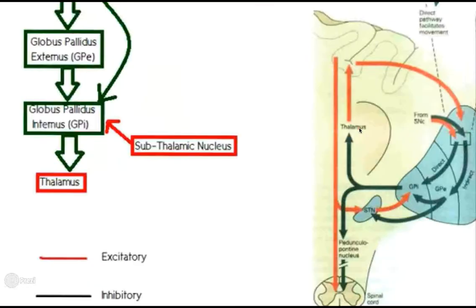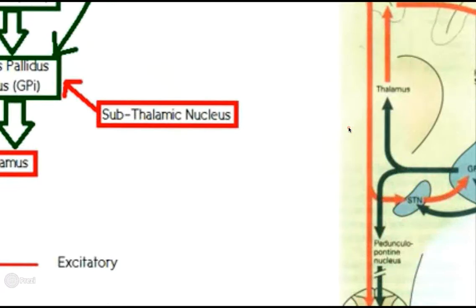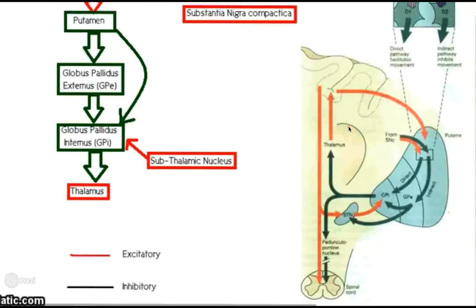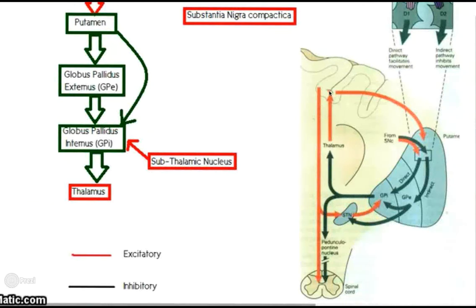I really like this drawing here. I think it's out of Kandel and Schwartz. If I can just get it to the size I want. Basically, what we have here in this red arrow is a depiction of the motor cortices that initiate movement. When we want to make a movement, the motor cortex has to activate the caudate and putamen, and that's represented here.